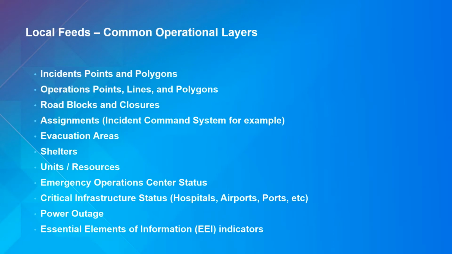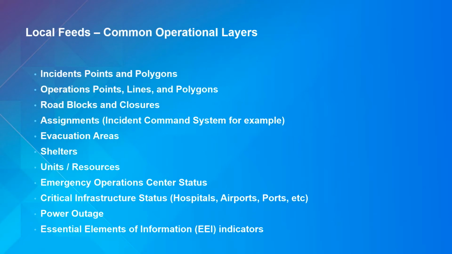These may be from a crisis information management system or from other sources, but these are key things that you need to look to build locally to provide additional situational awareness. So incident locations, basically what's happened, and operations information, what you're doing about it, and how that's described in points, lines, and polygons, like the command post or the keep out area, that type of thing.